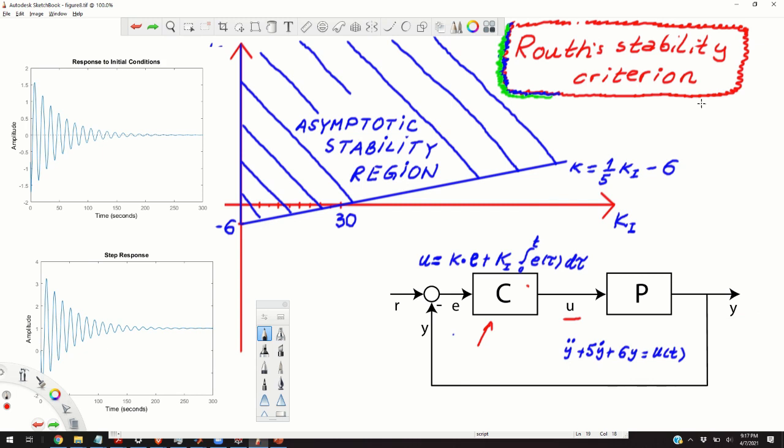We are going to assume a PI or proportional integral control structure given by this equation.